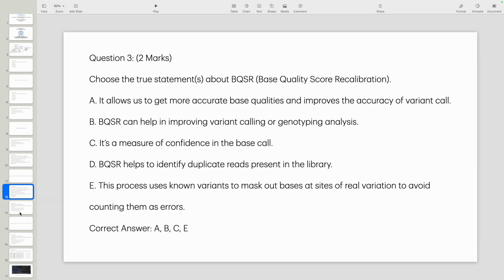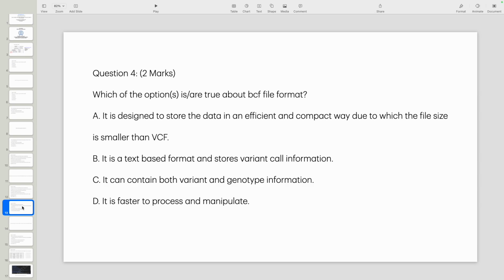If this question is clear, we'll move to our next question, question number 4. Which of the following options are true about the BCF file format? Just go through this question and try to answer it.